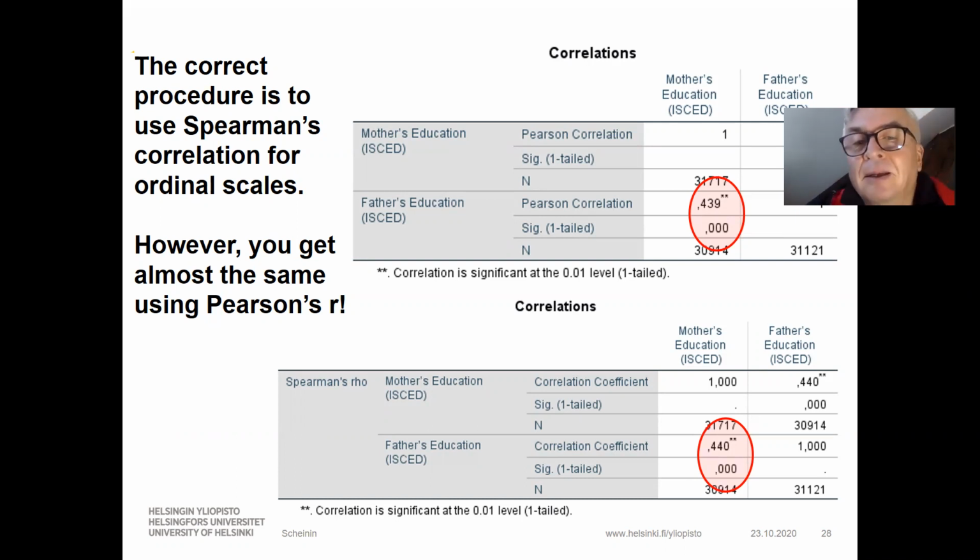Okay, the one-tailed, two-tailed story. Simply put, if you have a correlation where you have a two-tailed significance, then they can either be in the same direction or in opposite directions. So the correlation would be either strong positive or strong negative.